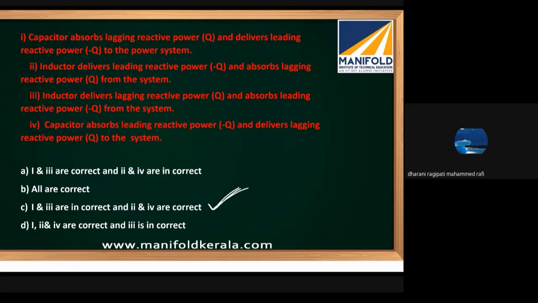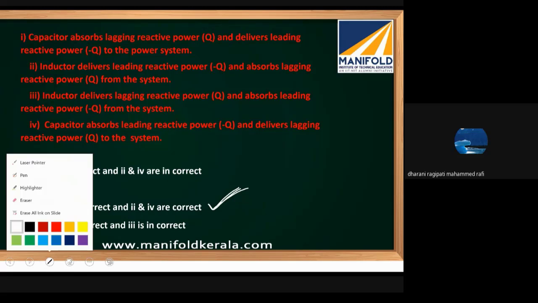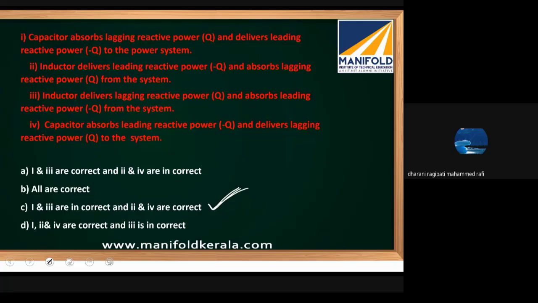Okay, this is a way in which they ask some IAS questions. See, capacitor absorbs lagging reactive power, that is plus Q, and delivers minus Q, which is an opposite. It is completely opposite. So the statement is wrong. Similarly, the second one, inductor delivers minus Q, it absorbs plus Q, which is true.